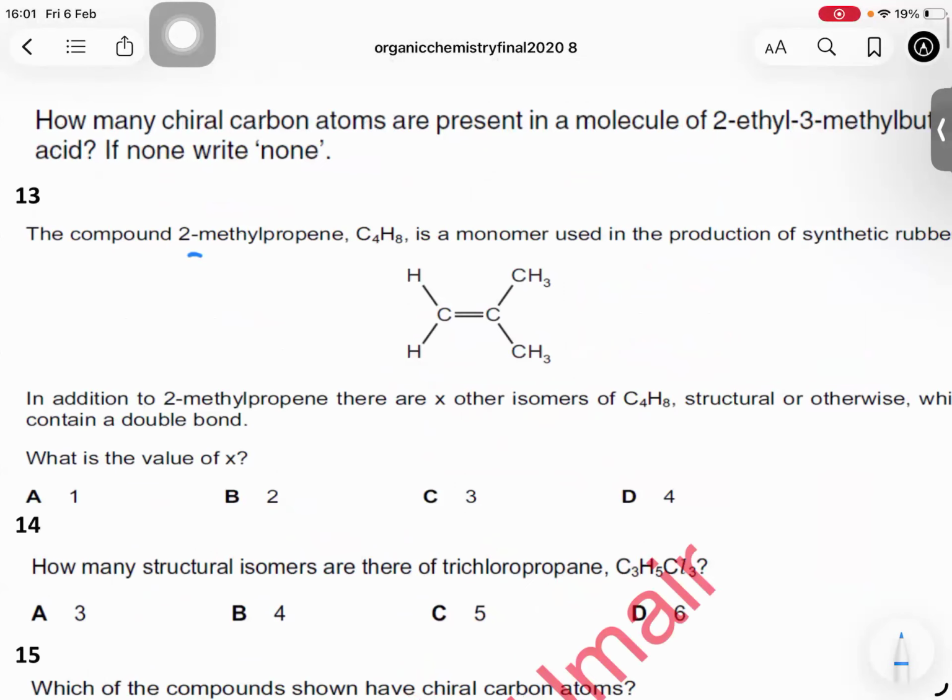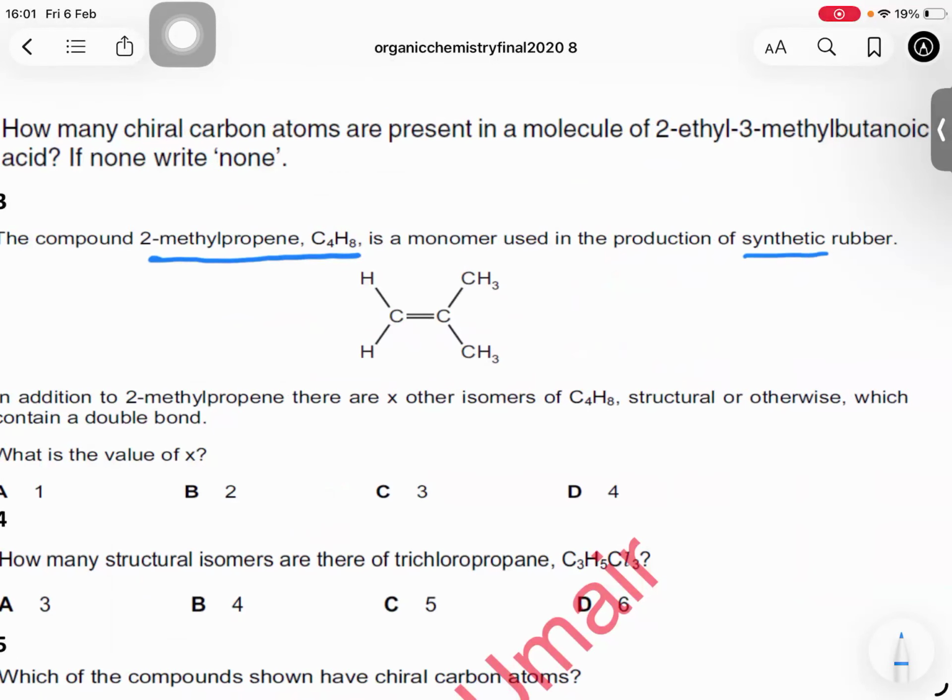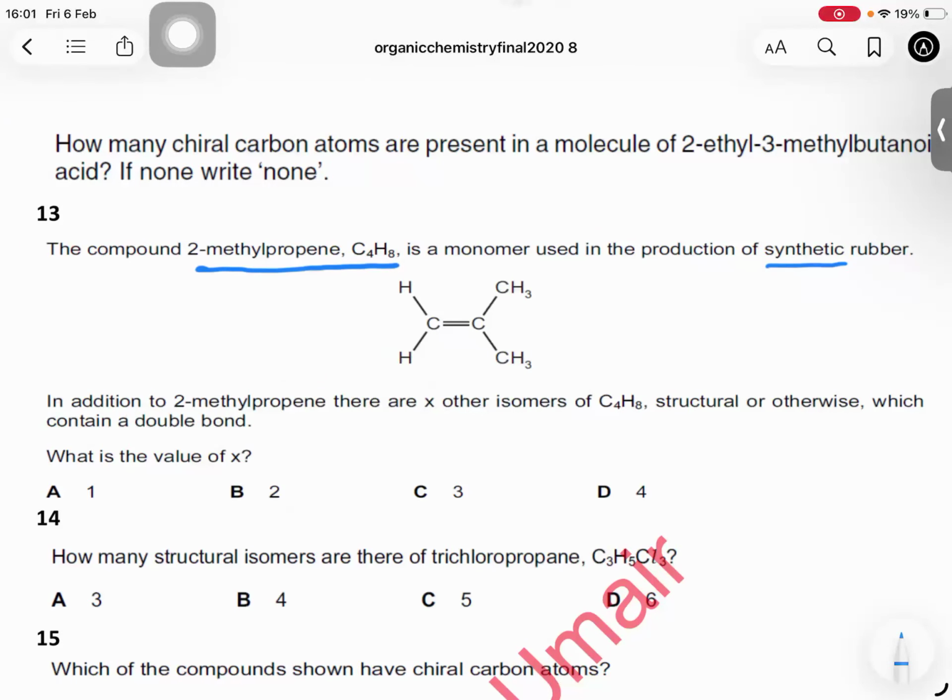Okay, the compound 2-methylpropene, C4H8, is an isomer used in the production of synthetic rubber. In addition to 2-methylpropene, the one shown here, there are X other isomers of C4H8, structural or otherwise. Otherwise, I'm going to cross. So you only have to draw the structural ones, right? So in other words, he's asking you to draw C4H8 as an alkene. Draw all possible structural isomers, and one of them will be 2-methylpropene. Then subtract this and see how many you are left with. Do it.